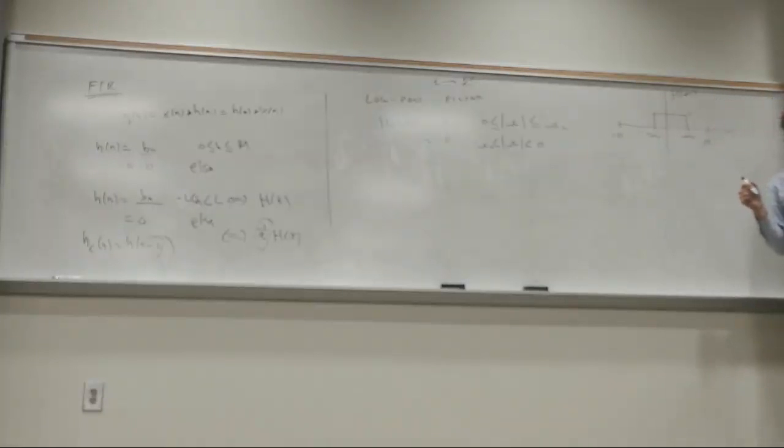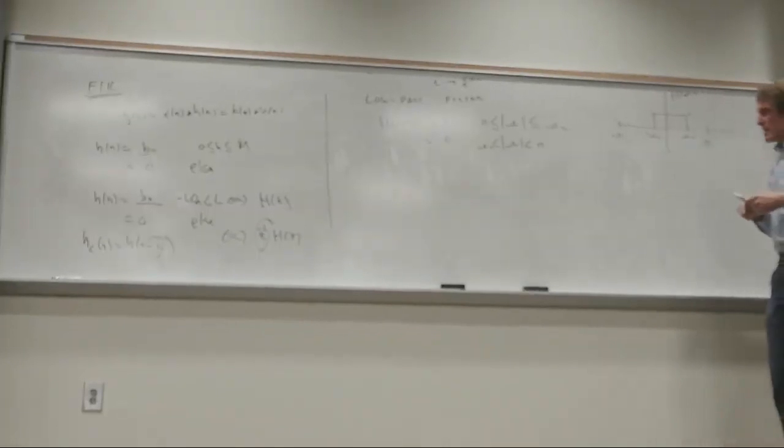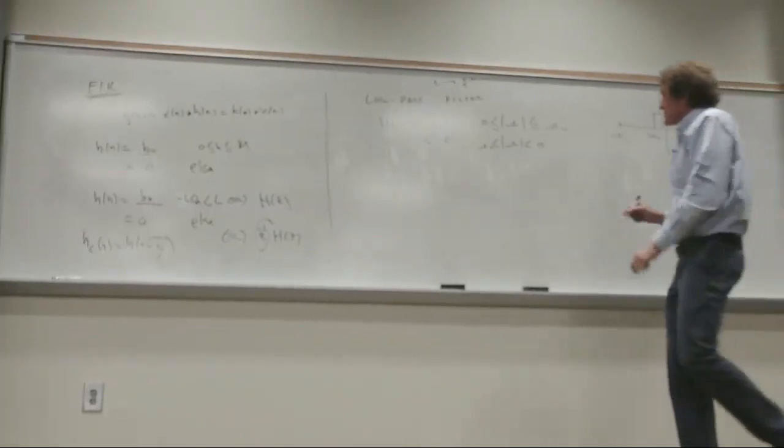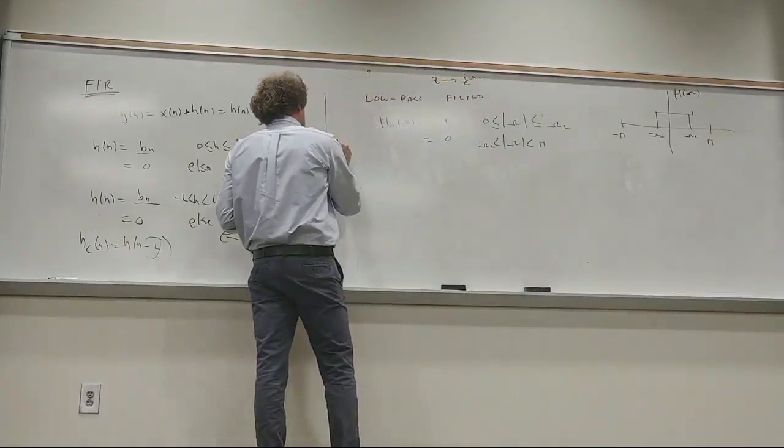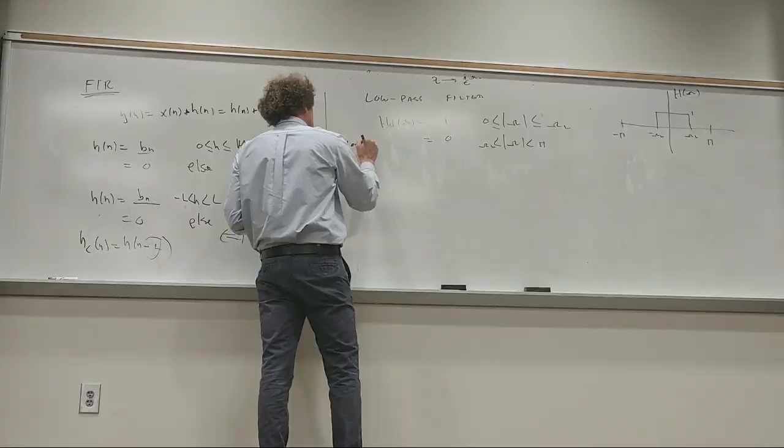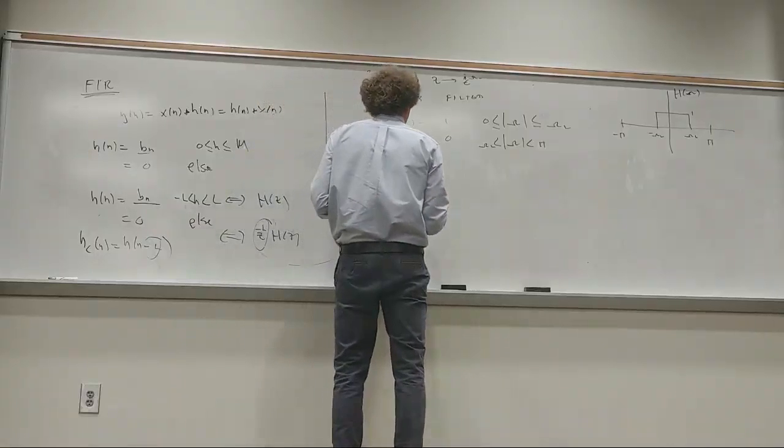We know this isn't going to work. We know it's going to give a non-causal response, but I'm going to show you how to adapt this into a causal response, something that you can actually use. So that's h of omega right there. That's for low pass. The D here simply indicates desired. It's what we want. And that's low pass.